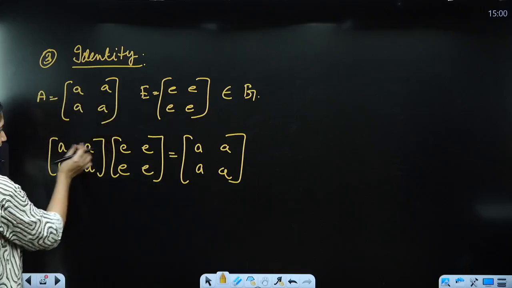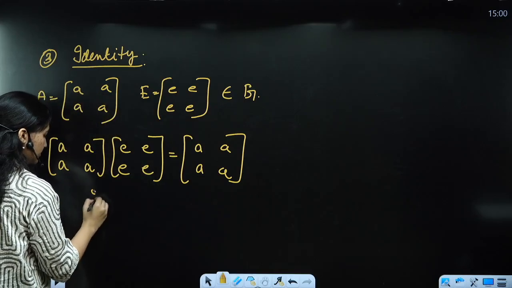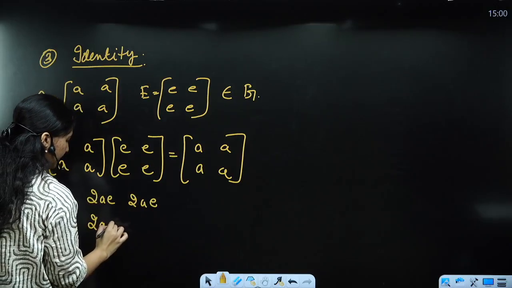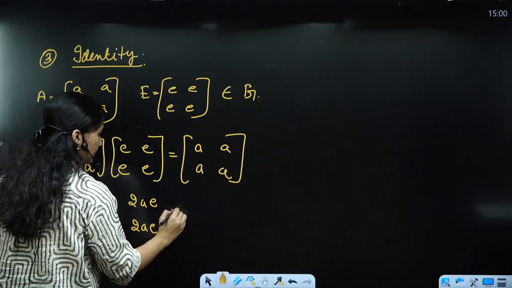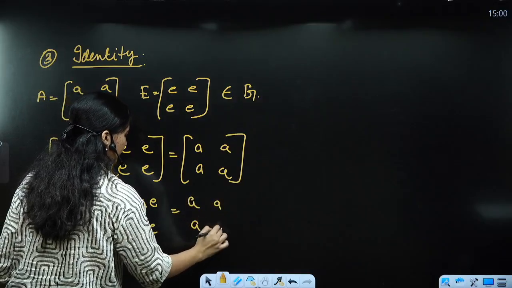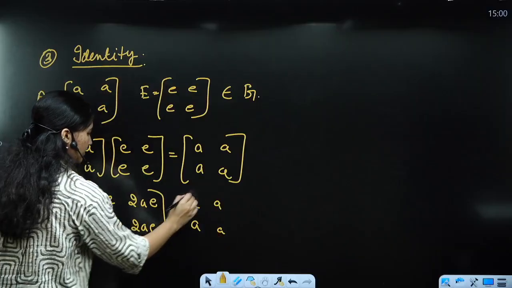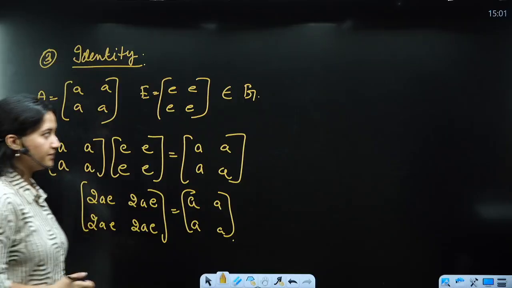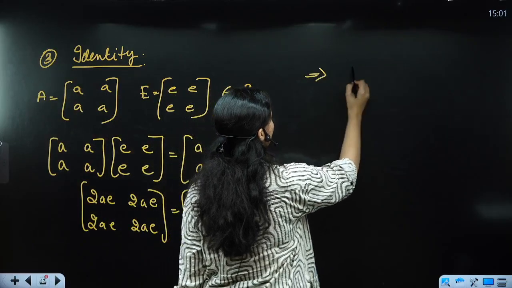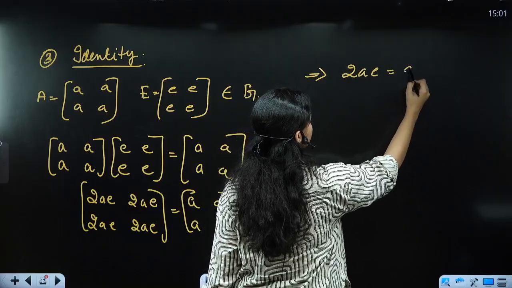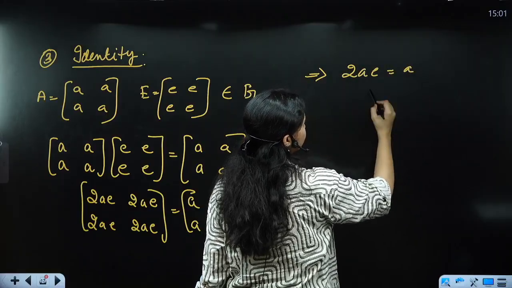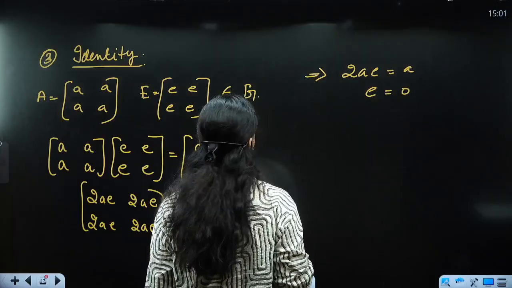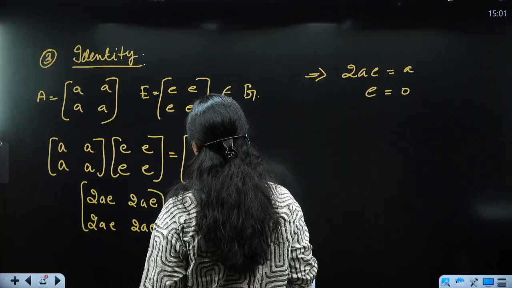So this is going to be ae plus ae, so 2ae in every entry equals a in every entry. What does this mean? That the respective elements are going to be equal. So this implies that 2ae equals a, and a will get cancelled, so e will equal a half.